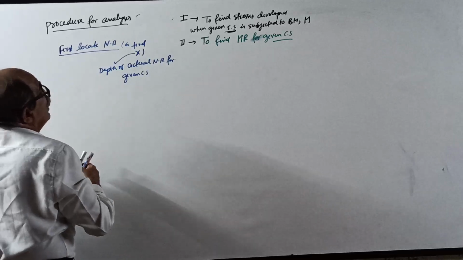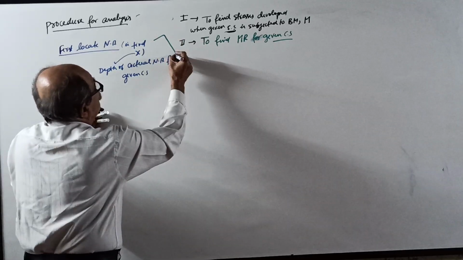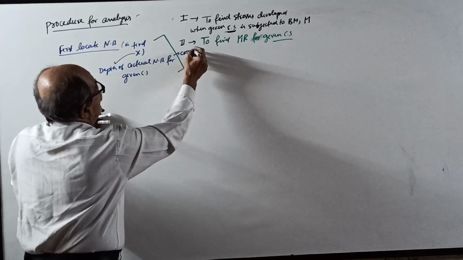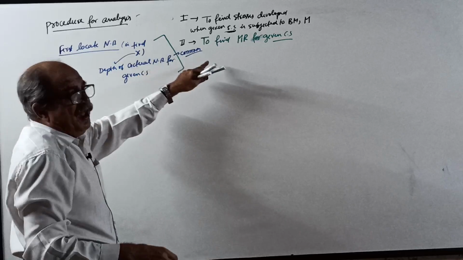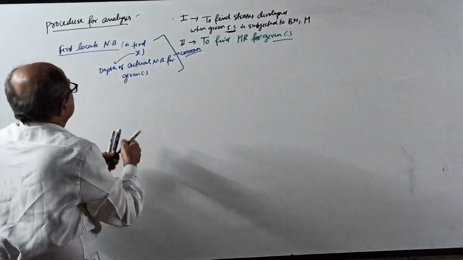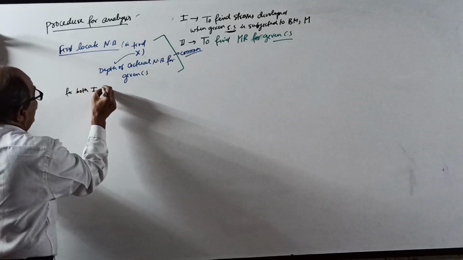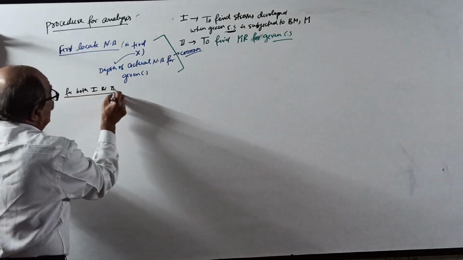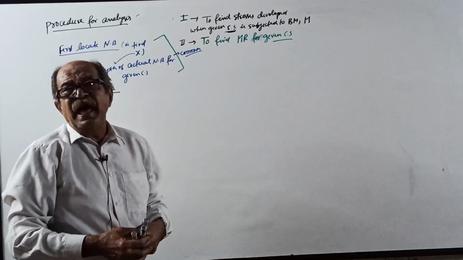For this one, it is common procedure. Common. Whether for Roman 1 or Roman 2, for both Roman 1 and Roman 2, whether you are interested in finding stresses developed or finding MR, neutral axis, you know.